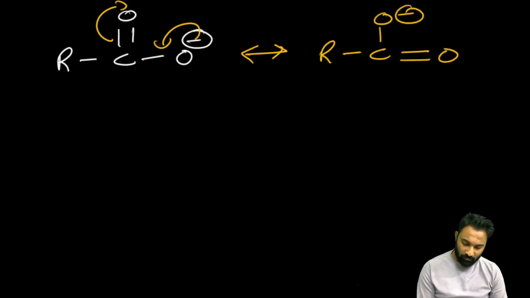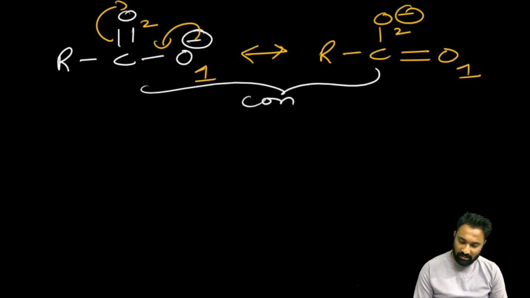Let's suppose this is oxygen number 1 and this is oxygen number 2. Before, the negative charge is on oxygen number 1, and now the negative charge is on oxygen number 2. These two we call canonical structures.